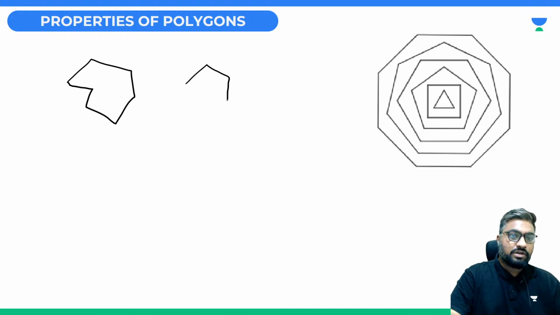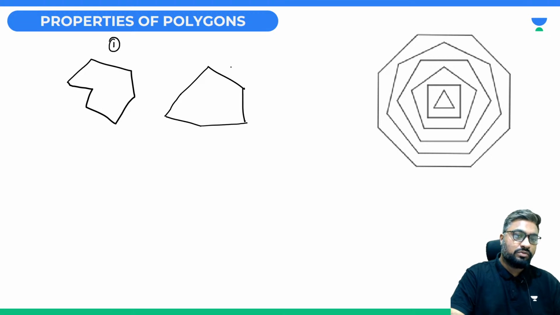Tell me which of these two shapes that I'm drawing is a polygon. Shape 1, shape 2. Which one of these is a polygon, guys?